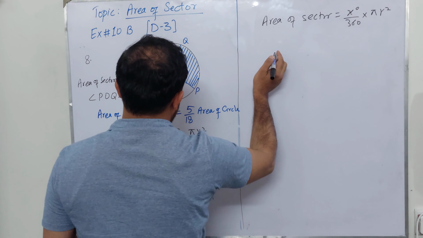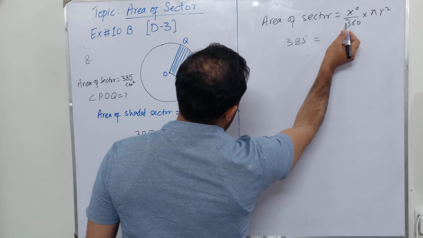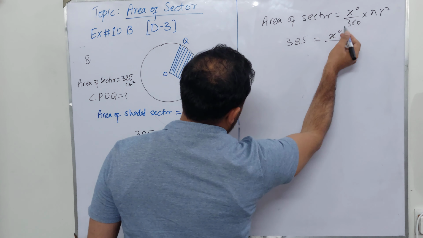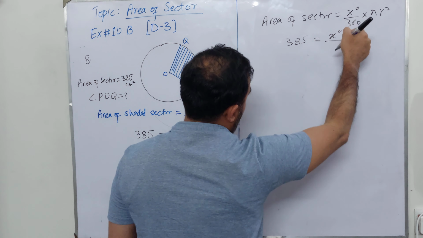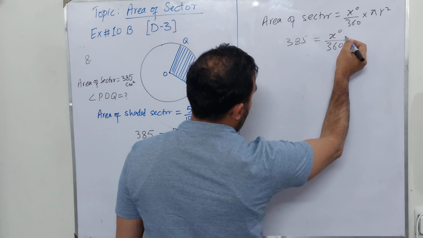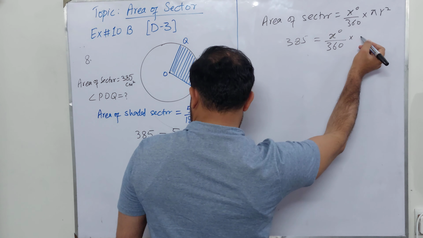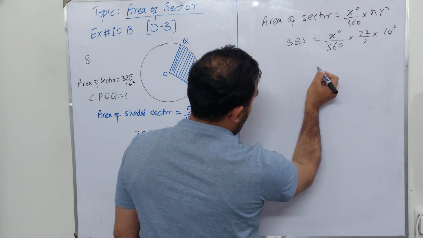So the area of the sector is 385. The angle has to be found, so we are after this angle, which is unknown, right? So just write x instead of this angle, and you can write pi as 22 by 7, because this 7 can be cancelled with the radius, which is 14, okay? So shift everything to the other side, or you can cancel 14 over here, okay?